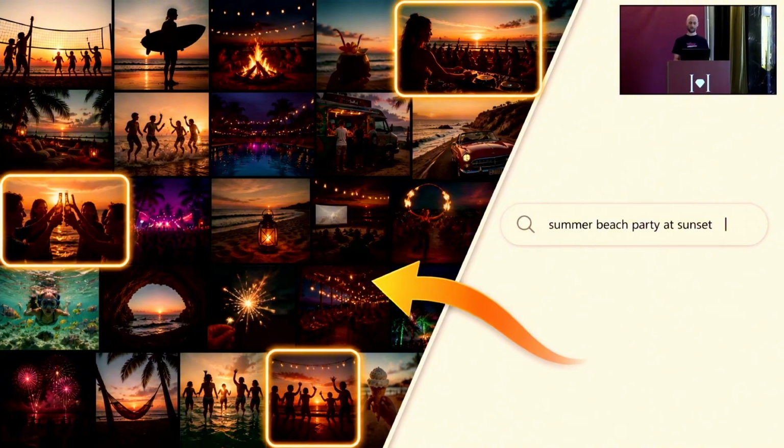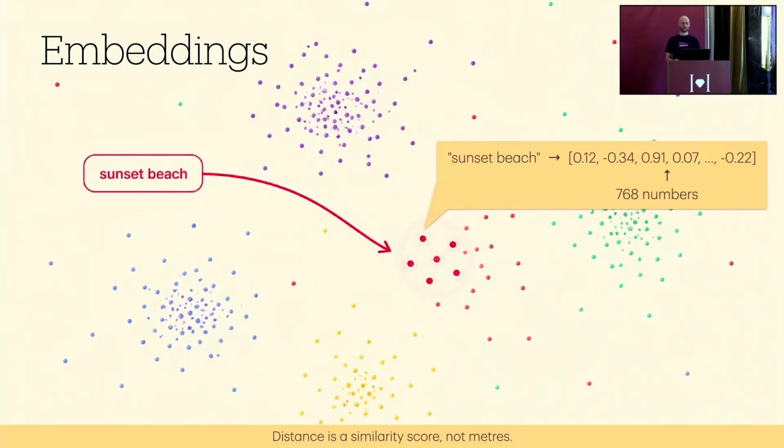To do it, you need a way to put text and pixels into the same conversation. Here's the trick: embeddings. We turn every image and every query into a list of numbers. 768 numbers in our case. It's just an array of floats.